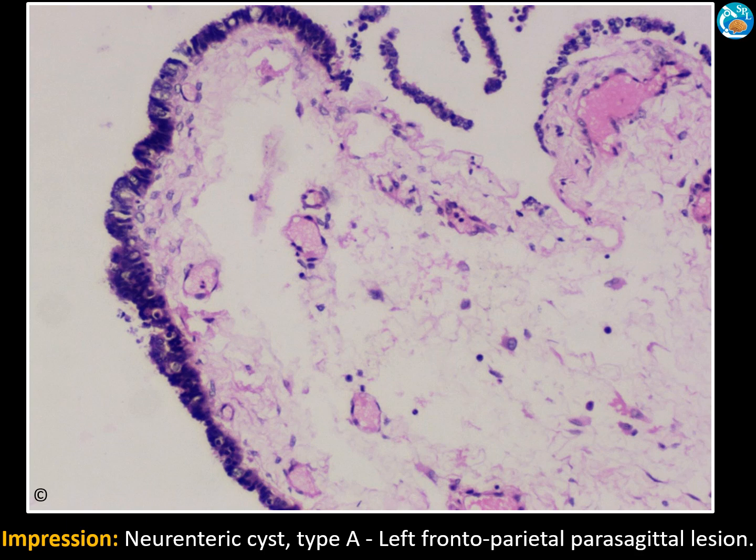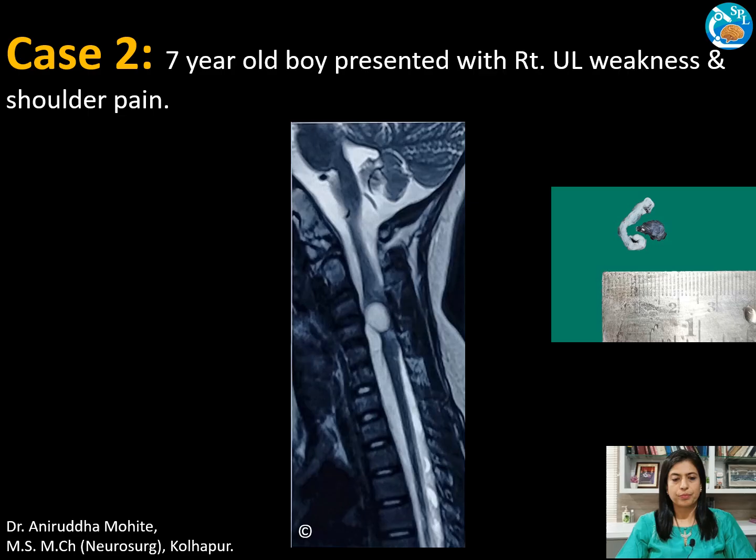The histopathological diagnosis was quite straightforward, and you can see this is a benign cyst lined by tall columnar mucin secreting epithelium with presence of goblet cells within, and the cyst wall showed a few congested blood vessels, and it is fibrocollagenous. So it's a straightforward diagnosis of neurenteric cyst type A of the left frontoparietal region.